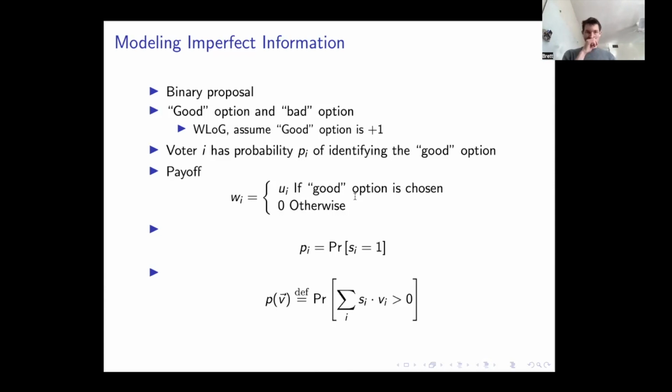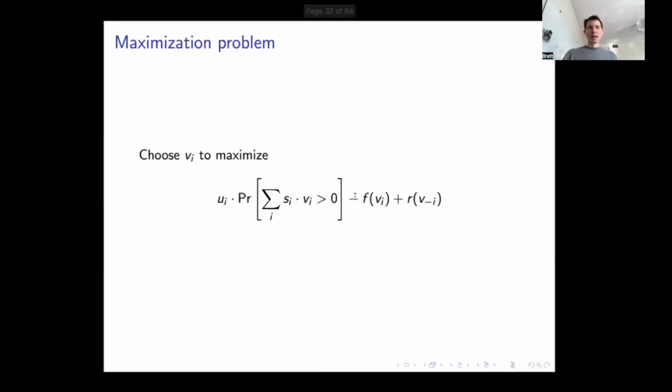And so the optimization problem is basically that we're trying to maximize the probability that the good option is chosen, because that is going to maximize the net utility. When everybody's incentives are aligned, maximizing the probability of the good option is the same as maximizing the net utility. That's what we're going to focus on here. The reason this works is that voter i has this decision problem: they have to choose how many votes to buy.